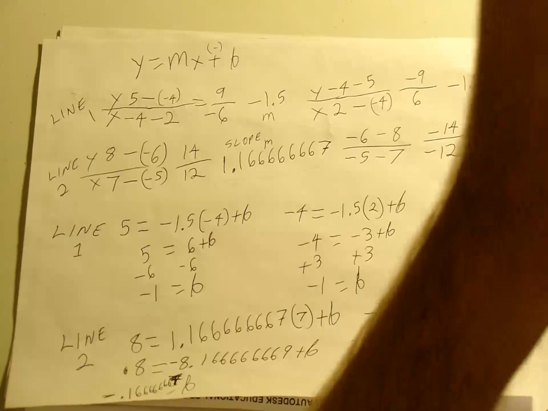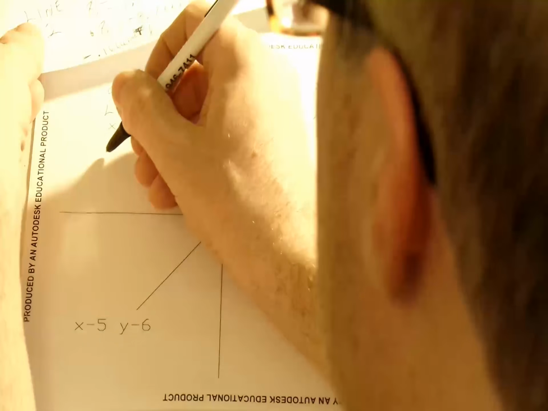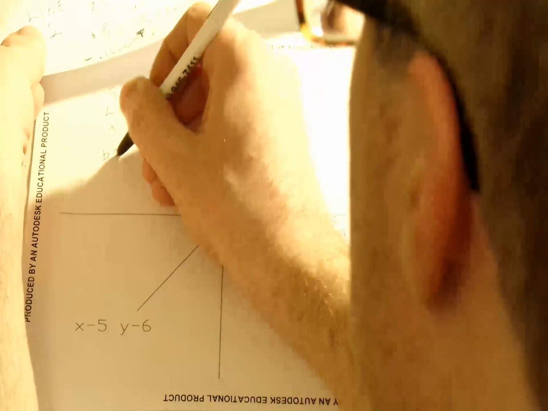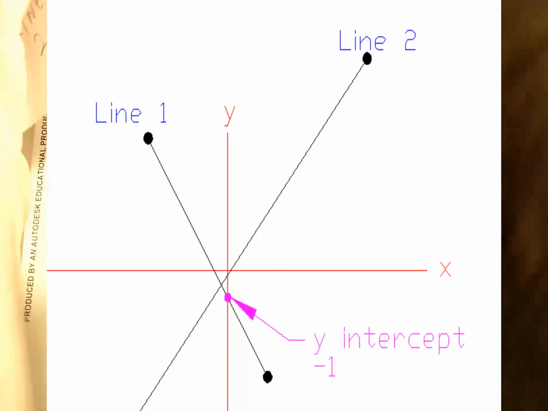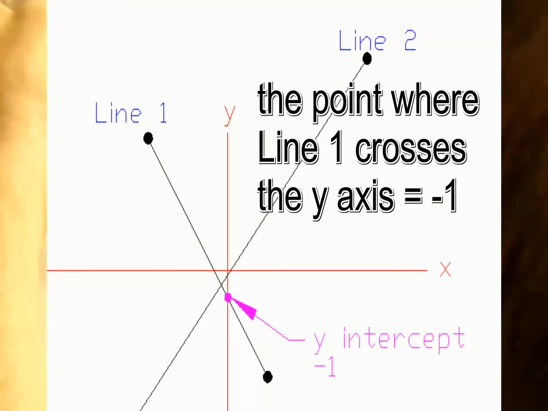And again, the y-intercept, the b part, is the exact point that the line crosses the y-axis. And of course, you could find it in AutoCAD. You just ask the computer, hey, what point is this that the line crosses the y-axis?